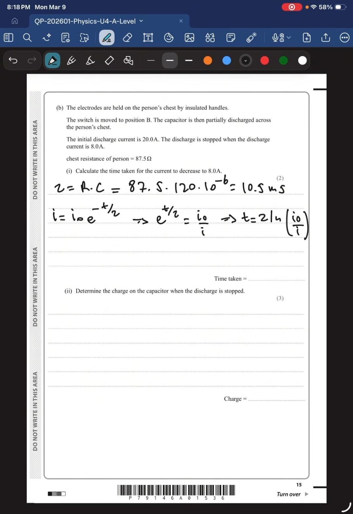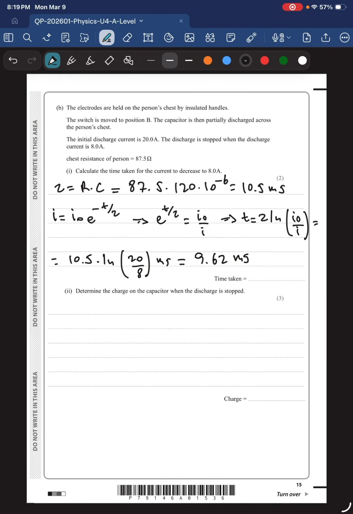And if we plug in numbers, we find 10.5 times ln of 20 over 8 milliseconds, and this is 9.62 milliseconds. That's the answer.